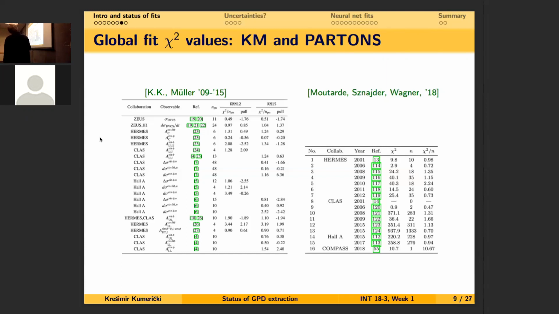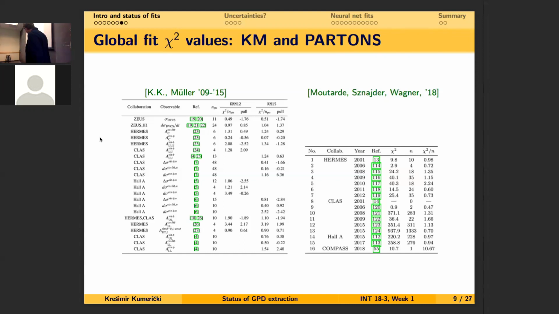So the description is nice. And also the PARTONS group have similar results. They have some problems with the newest COMPASS d slope point. I will not go into that, but they also mostly describe the data nicely. The difference between us is that we also use this collider data, ZEUS and H1, so there's no data here.